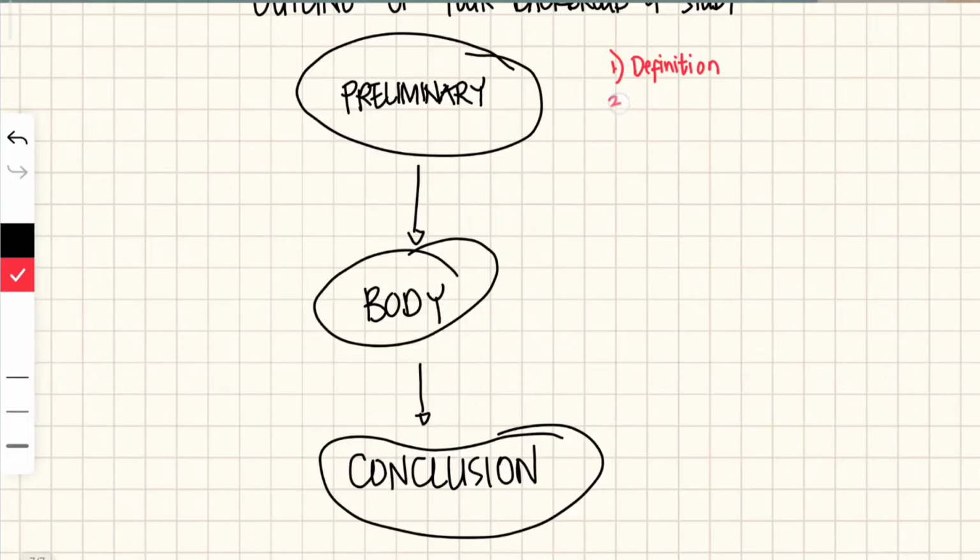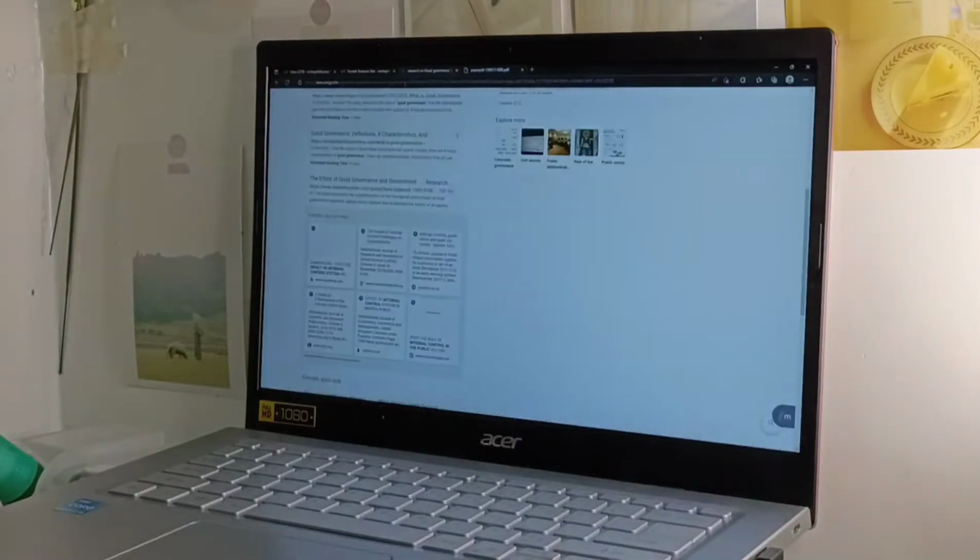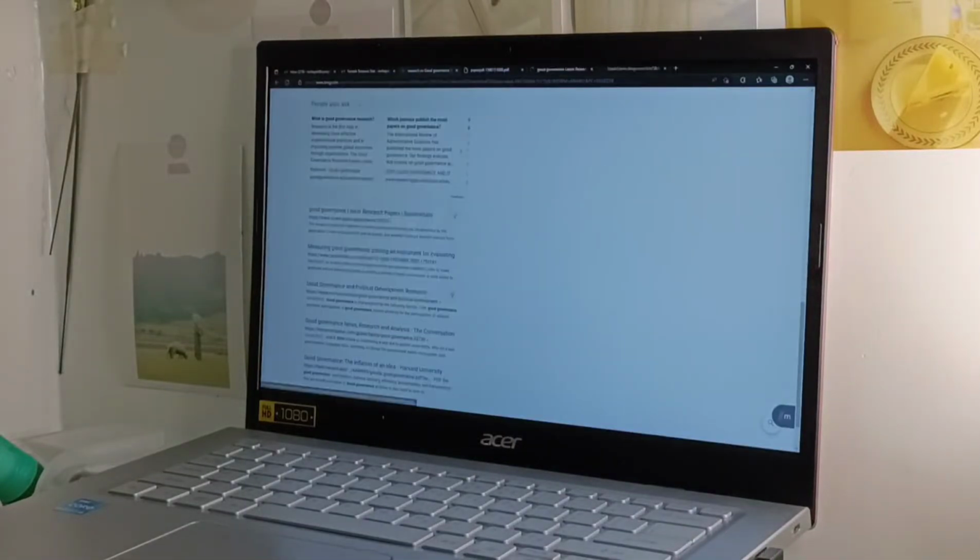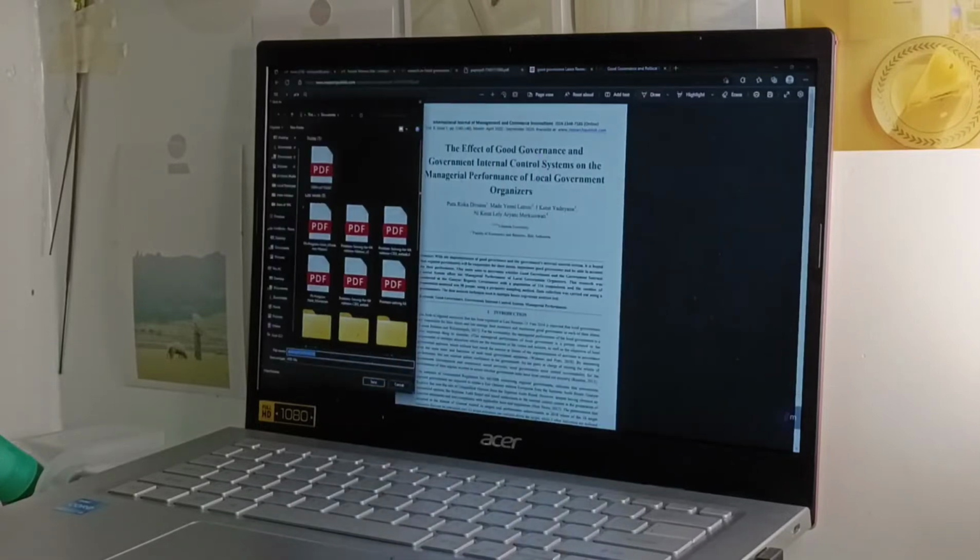The second one is the problem gap. What you write here is the present research or findings on your topic. Usually, some quote from previous research. How do you find a problem gap? You have to download as many research papers as possible, and then look for what is lacking, what has not yet been researched.